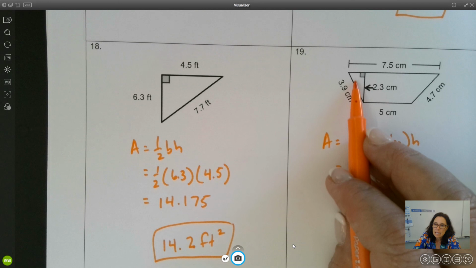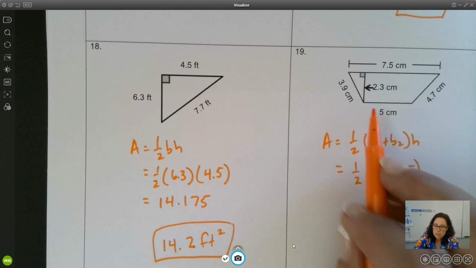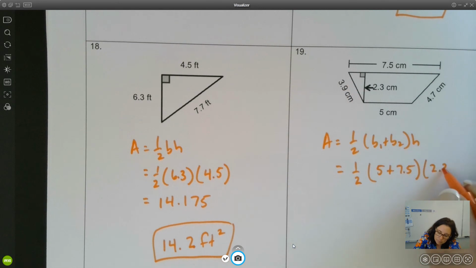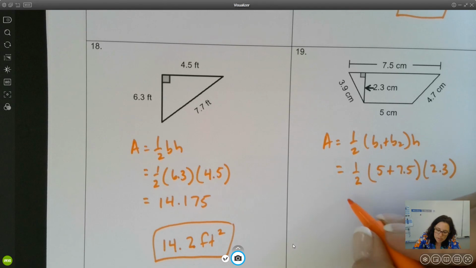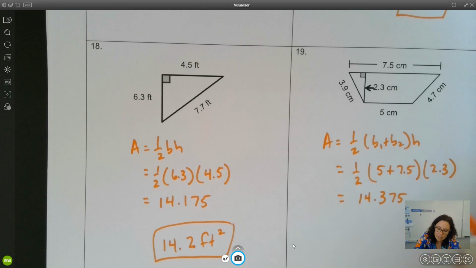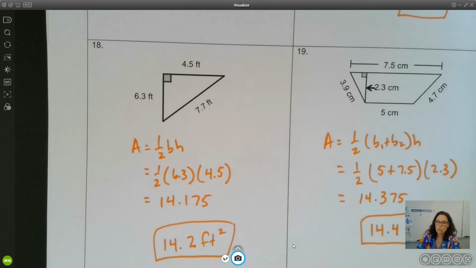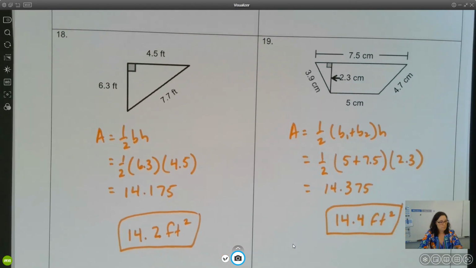It's where it comes at a 90-degree angle to the bases. So if I do all this out, it comes out to be 14.375, rounded to the nearest tenth. It's 14.4 feet squared.